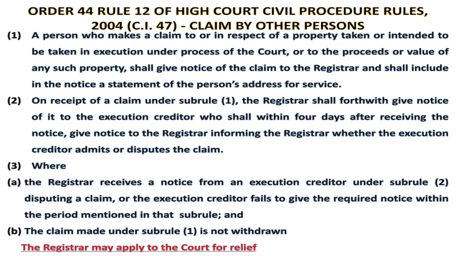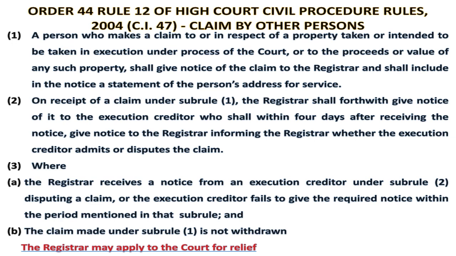So you see, the notice we are referring to over here is the notice about whether he admits or disputes the claim. So when the registrar receives a notice from the execution creditor under sub-rule 2 disputing a claim, or when the execution creditor fails to give the required notice within the period mentioned in that sub-rule, and the claimant too has not withdrawn the notice of claim, then the registrar may apply to the court for relief.